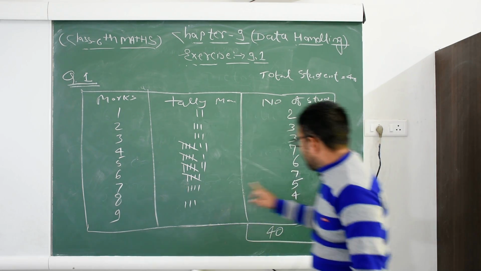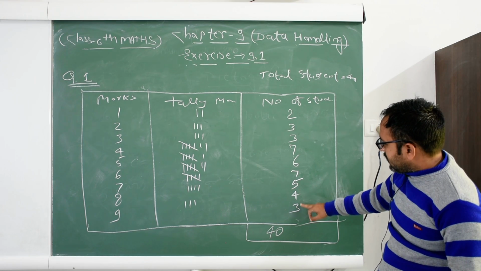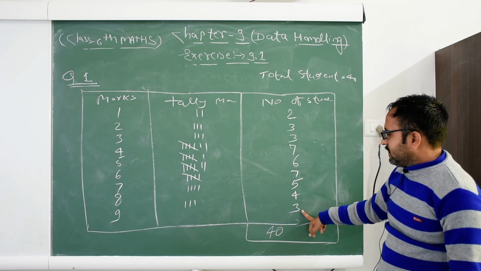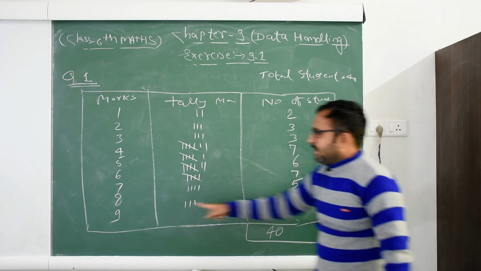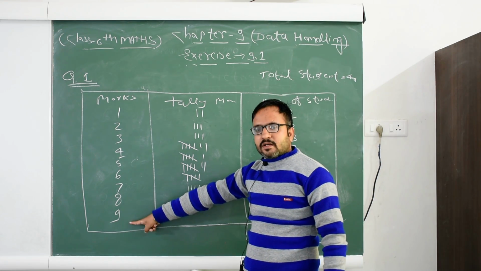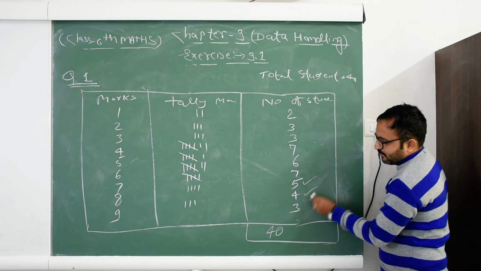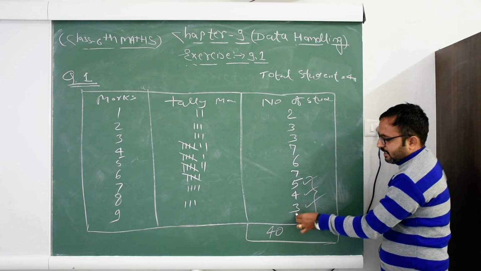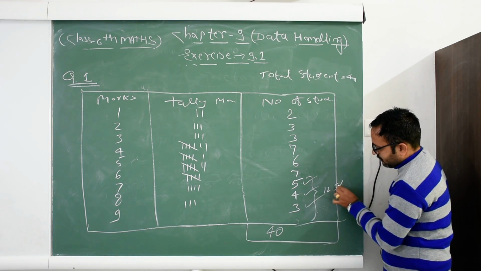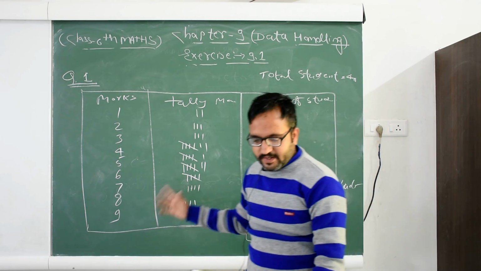So 7 and 5, 5, 4 and 9, 9 and 3, 12. So we have 5 students, 4 students and 3 students. So 5 and 4, 9, 9 and 3, 12 students obtain equal to and more than 7 marks.